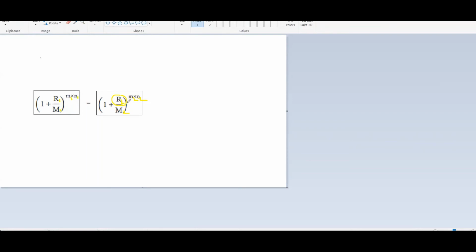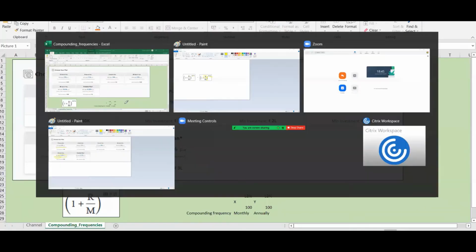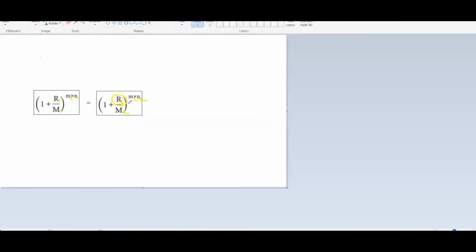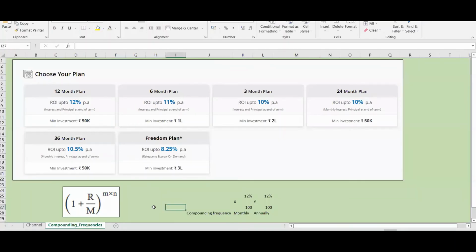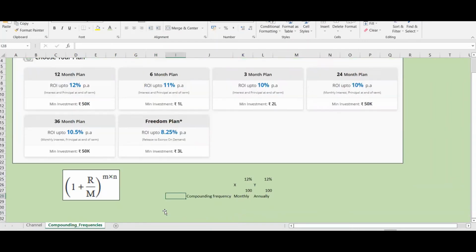In this case also I know the 12%, but I'll try to calculate basically the other rate. If you look at the formula over here, I had written this formula, just give me a moment.